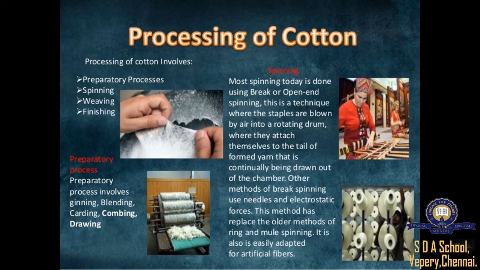Again, I'm repeating: cotton is planted in early spring. Within 2 months, white or yellowish flowers come up. Later, they turn pink or red. After about 3 days, the petals fall down, leaving behind a green seed-like structure.